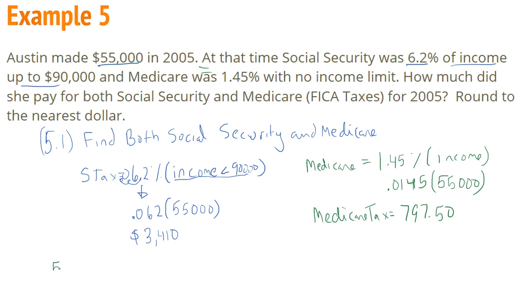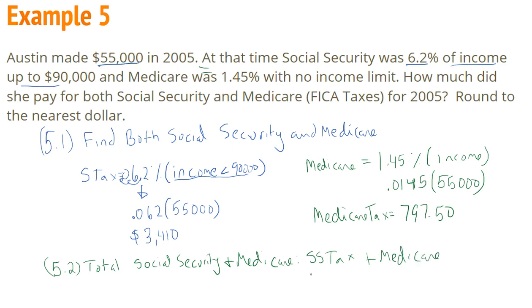So our last step, 5.2, is total Social Security and Medicare. So that just simply means we take our Social Security tax plus our Medicare tax.